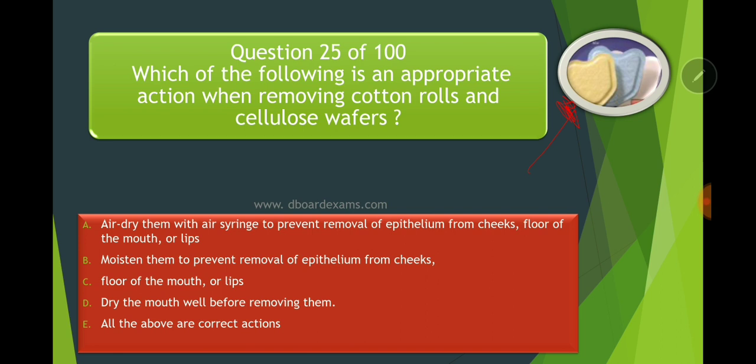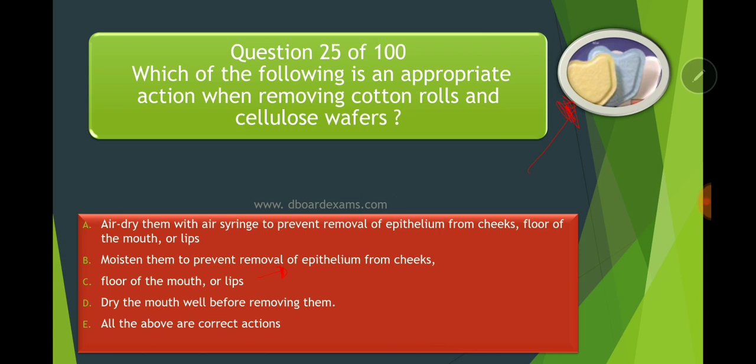C is part of B here. So moisten to prevent removal of the epithelium from the cheeks, floor of the mouth, and the lips. And C here, dry the mouth well before removing them, or D, the above are correct. So our answer here is B. You have to moisten them.